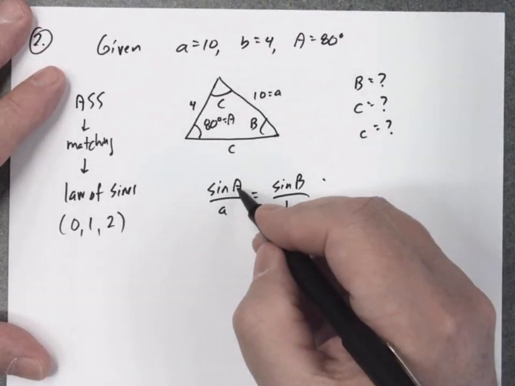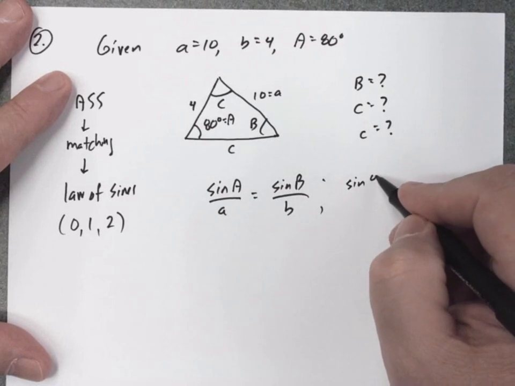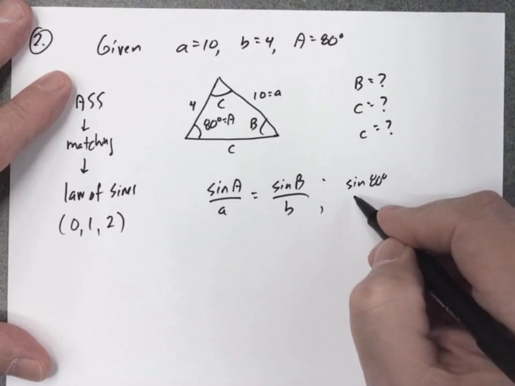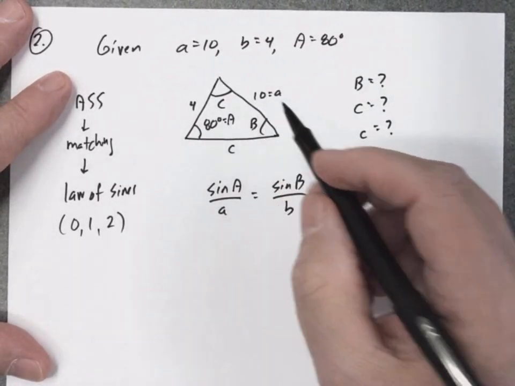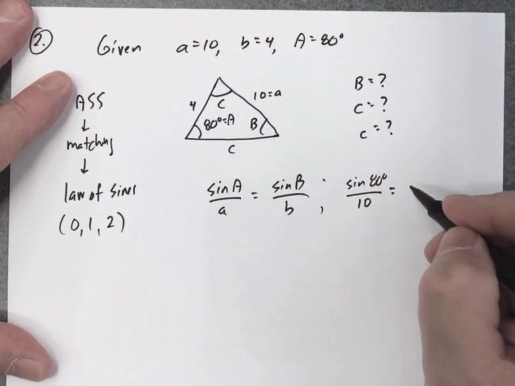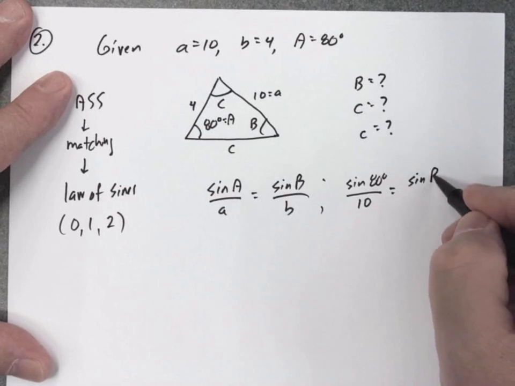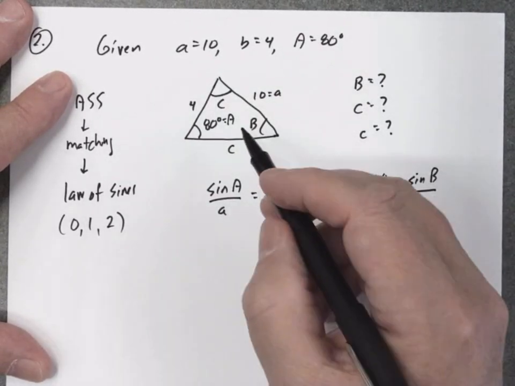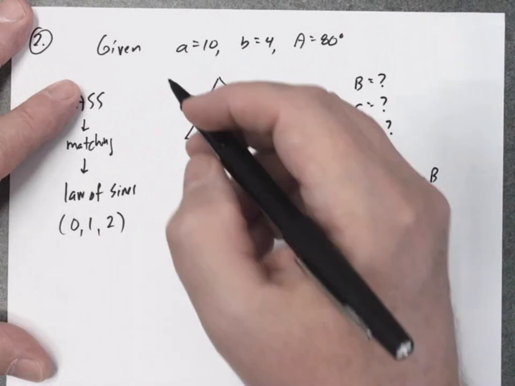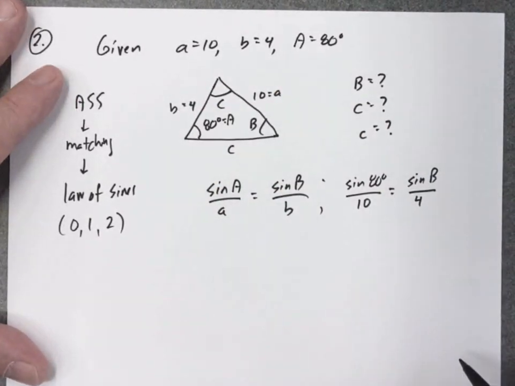So I know angle A is 80 degrees, so the sine of 80 degrees over side A, which is 10. Now I don't know angle B, so I just write sine of B, but I know that side B is 4.